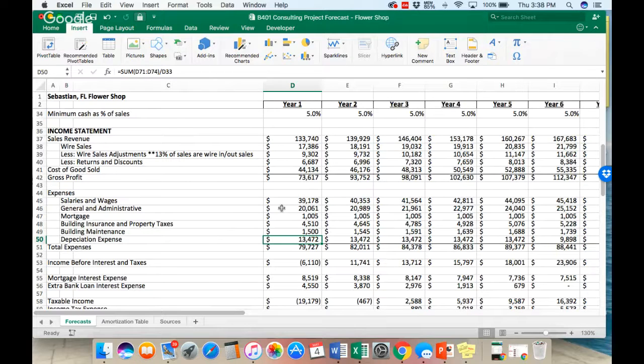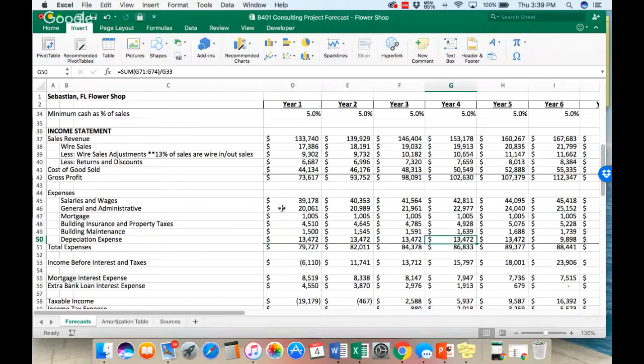And then our depreciation expense was calculated by adding the value of our plant, property, and equipment, and then dividing it by the depreciation years. And we took the average of the depreciation years between our 3 assets that needed to be depreciated. But in year 5, the allotment for depreciation for vehicles is only 5 years when it's associated with a business.